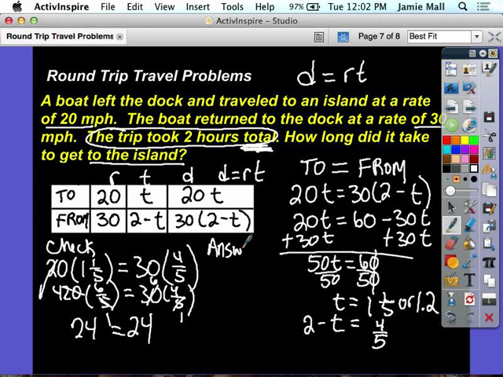And finally, I need to answer the question. The question asked, if the trip took 2 hours total, how long did it take to get to the island?